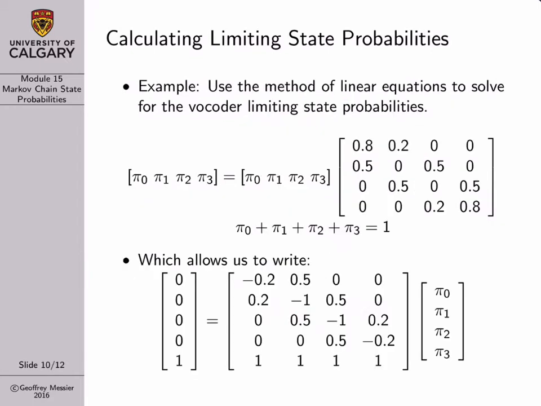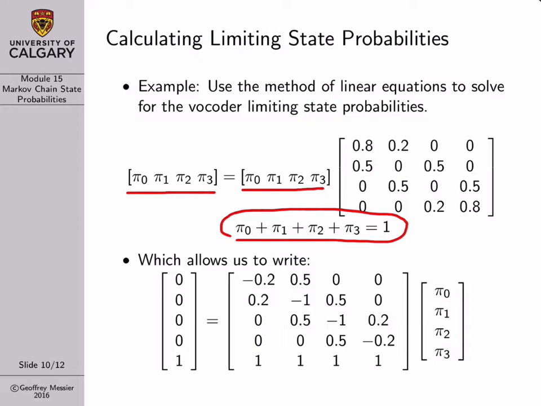Okay, so let's use this method then to solve for the limiting state probabilities of our Vocoder Markov chain. So the first thing we said was that the limiting state probability vector is equal to the limiting state probability vector multiplied by our probability matrix P. And then the second observation was that all of our limiting state probabilities have to add up to 1.